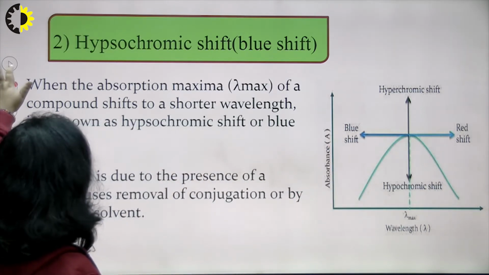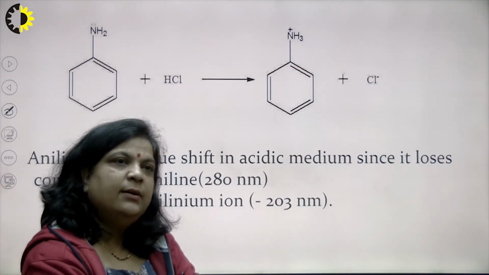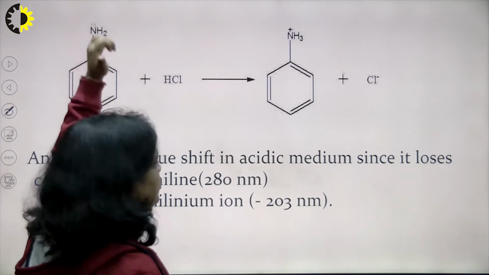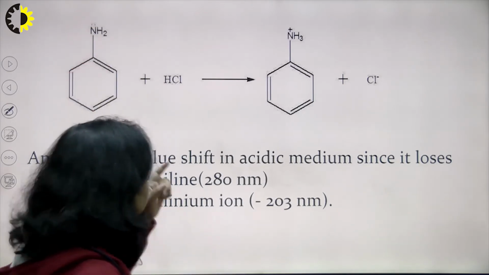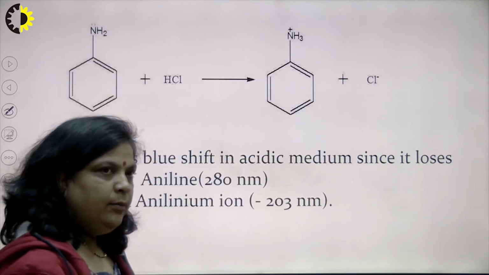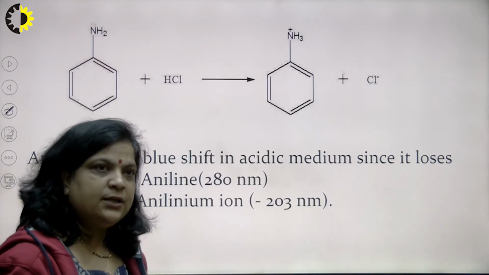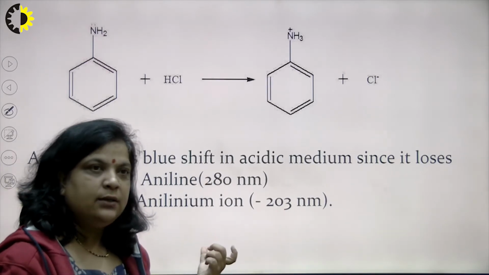Let us take one example, in the case of aniline. Aniline is a benzene ring with NH2, and nitrogen has one lone pair of electrons. This electron is available for conjugation with the benzene ring. It means there is a chance of conjugation, and it shows lambda max at 280 millimicron or nanometer.